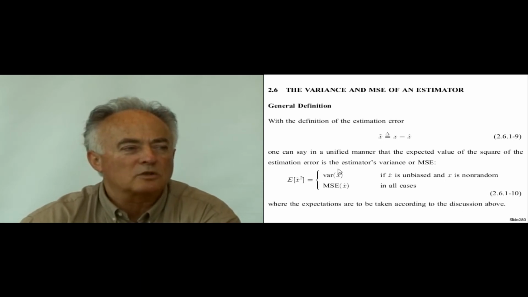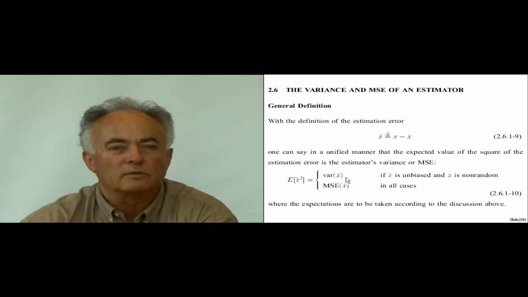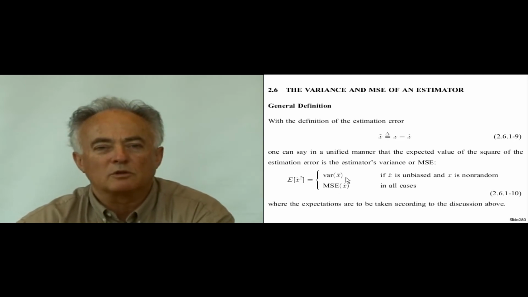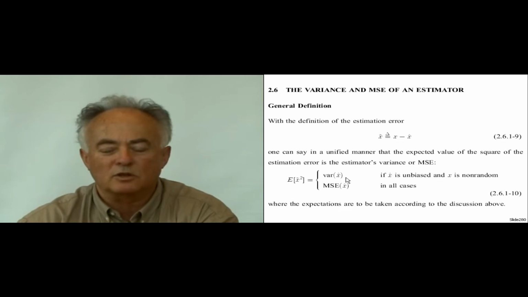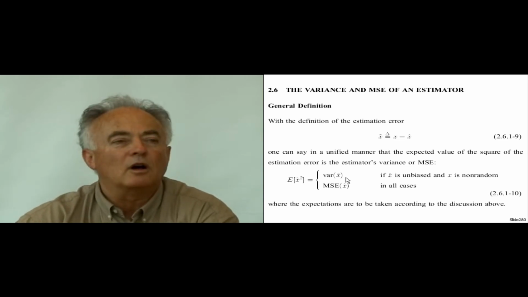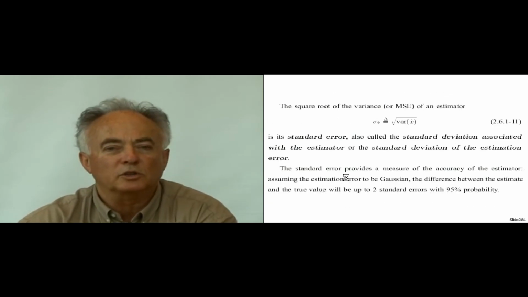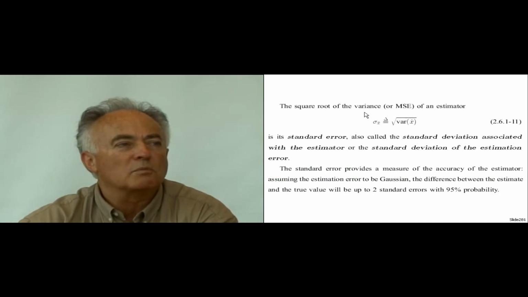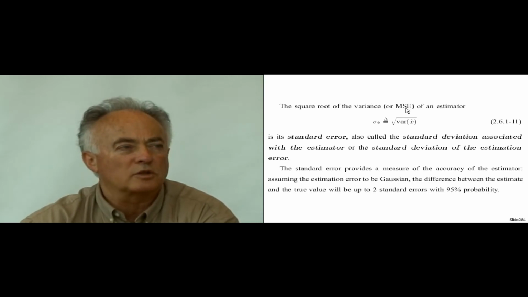But in any case, in the literature you'll see some confusion in the terminology. The mean square is sometimes called the variance. It doesn't really matter. But we have a criterion that does measure, and if we call it mean square error, it's a good measure of the quality of the estimator.